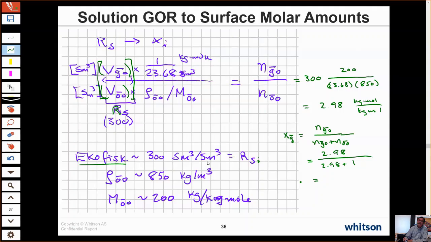That, I believe, is around 75%. Three over 4. Okay, that means that the mole fraction of the surface oil product in this original Ekofisk oil is 25 mole percent.